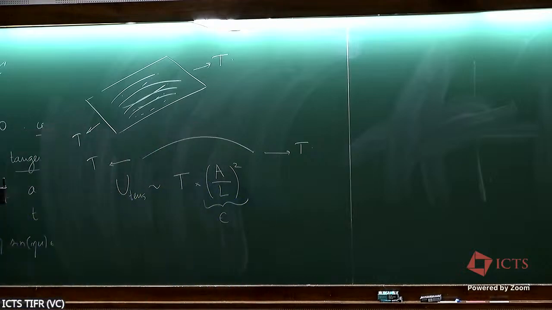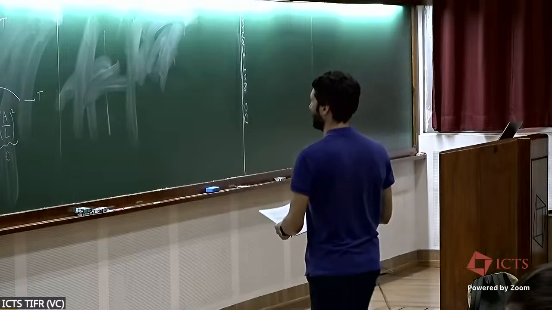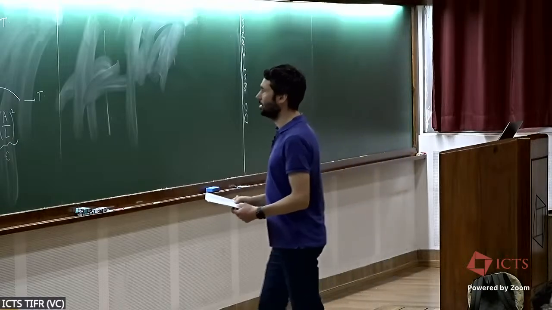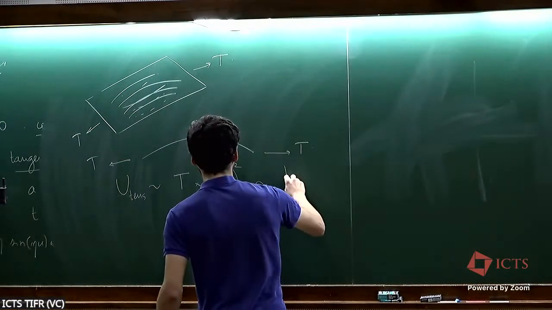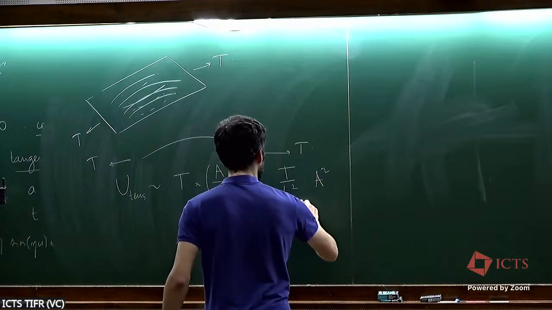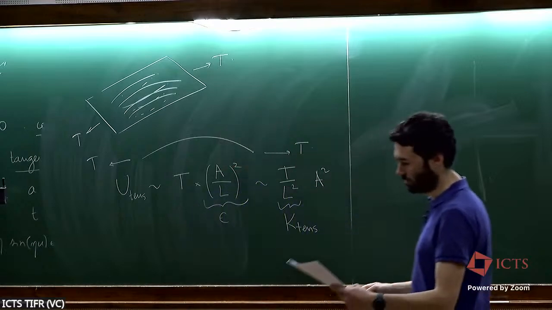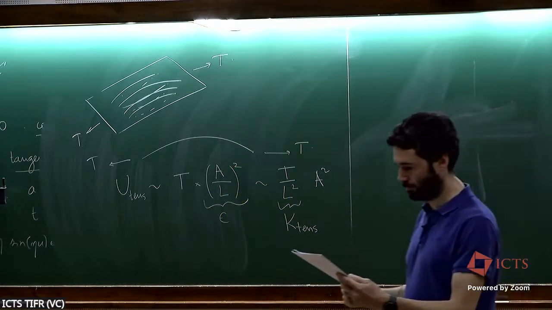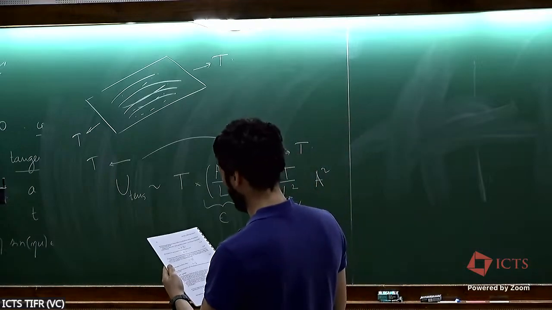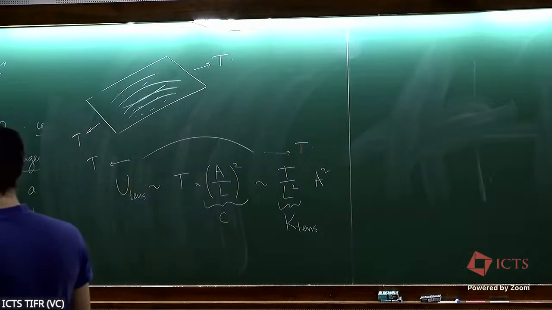This is the same as A over lambda there. Okay, but this is T over L square times A square, and this is the effective K coming from the tension.